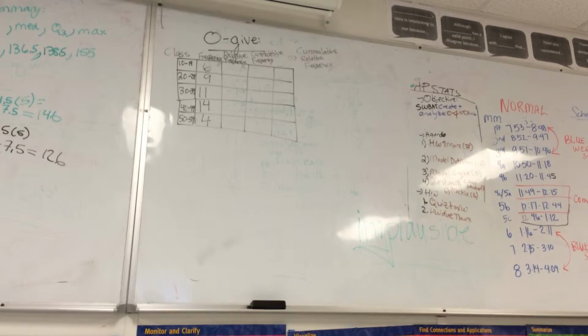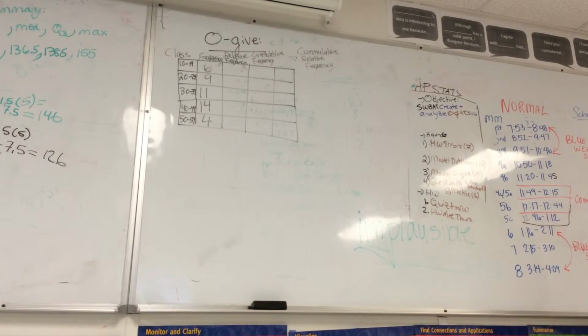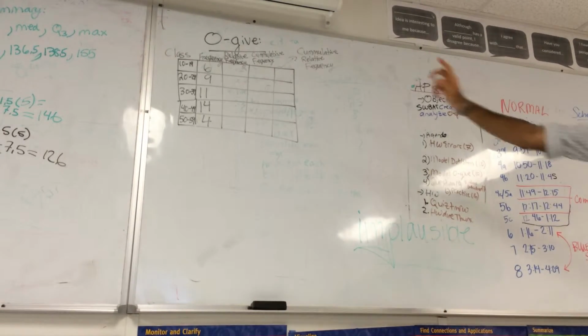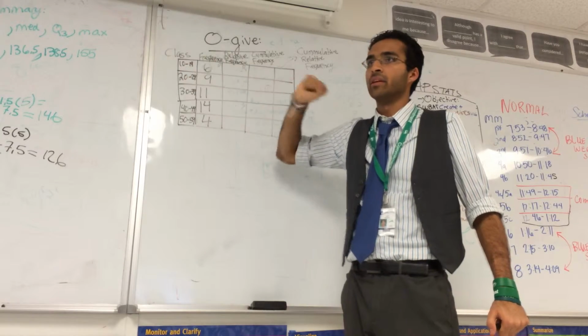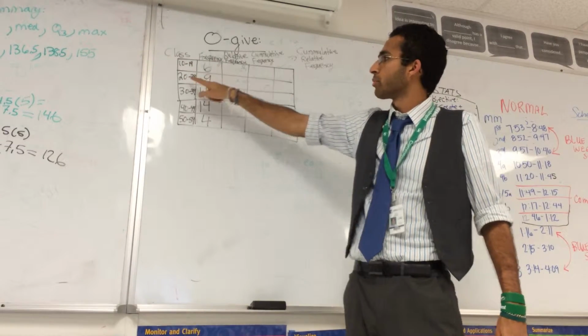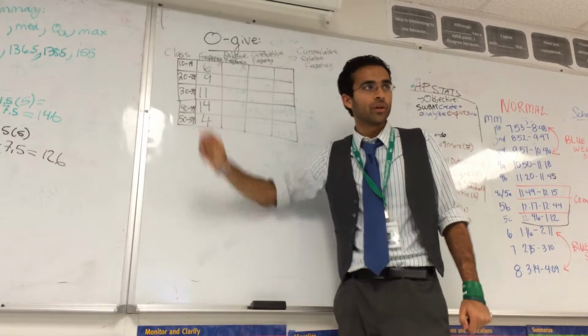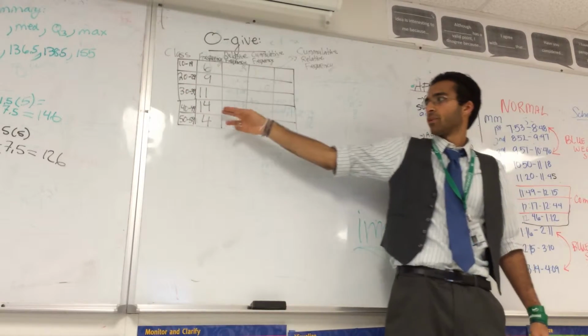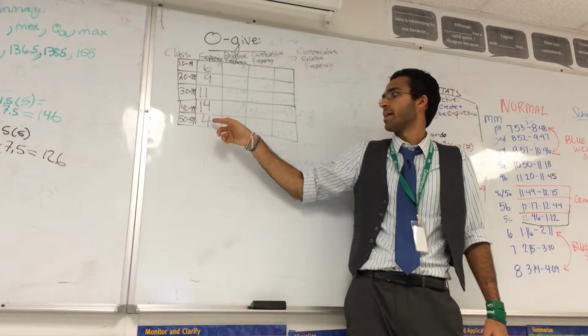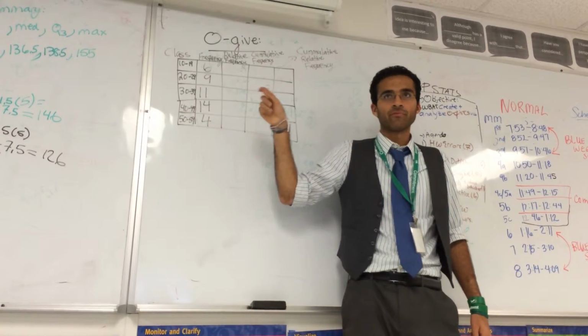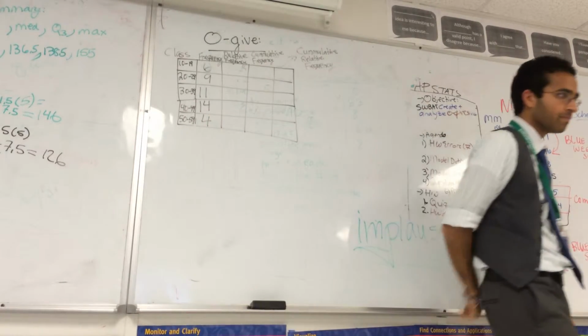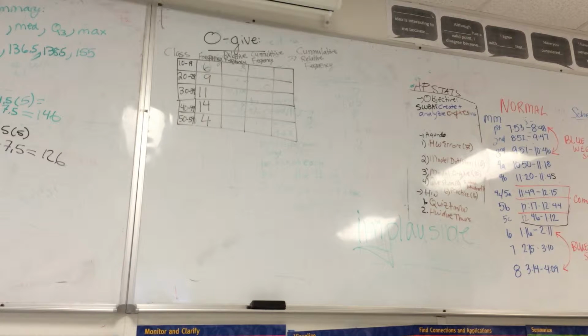Well, if you look at all the numbers, there are 6 numbers that are between 10 and 19. There are 9 numbers between 20 and 29. There are 11 numbers between 30 and 39, 14 numbers between 40 and 49, and 4 numbers between 50 and 59.